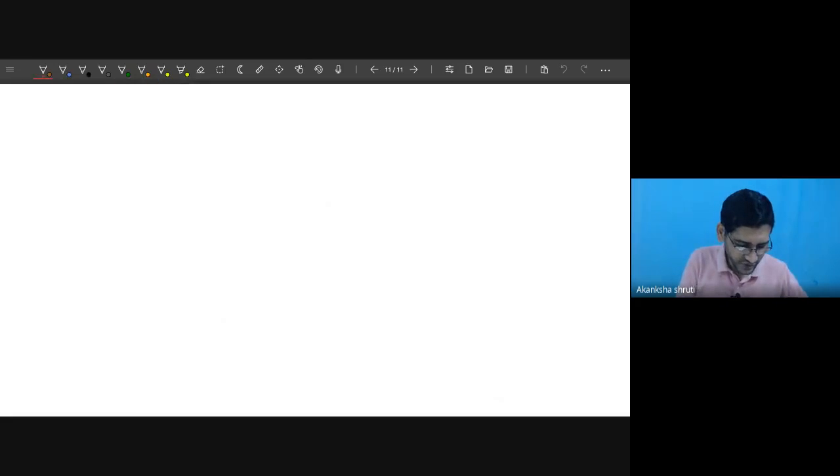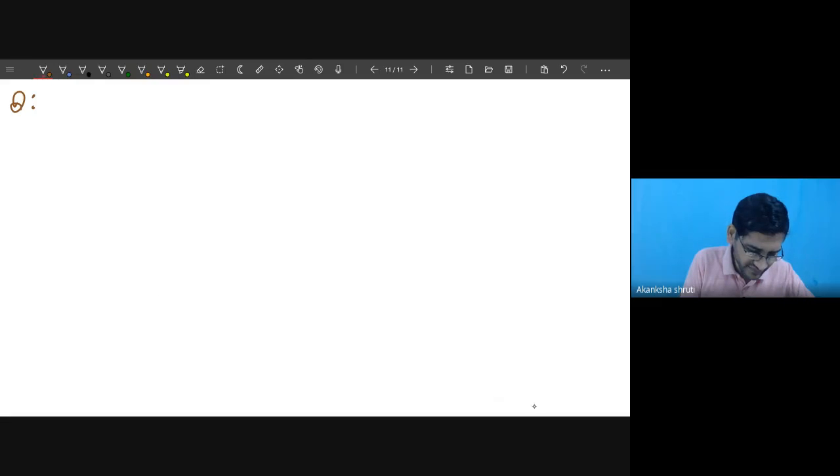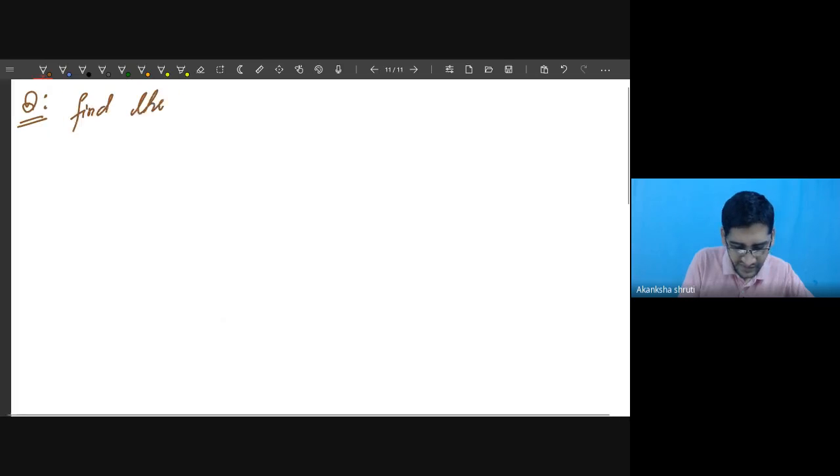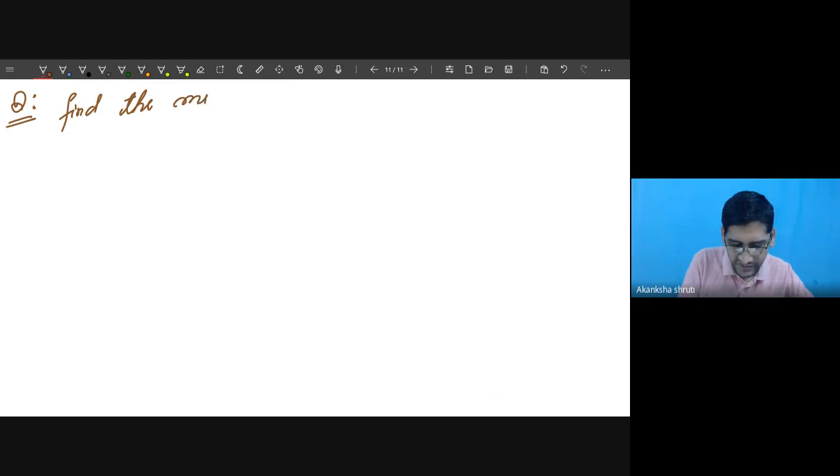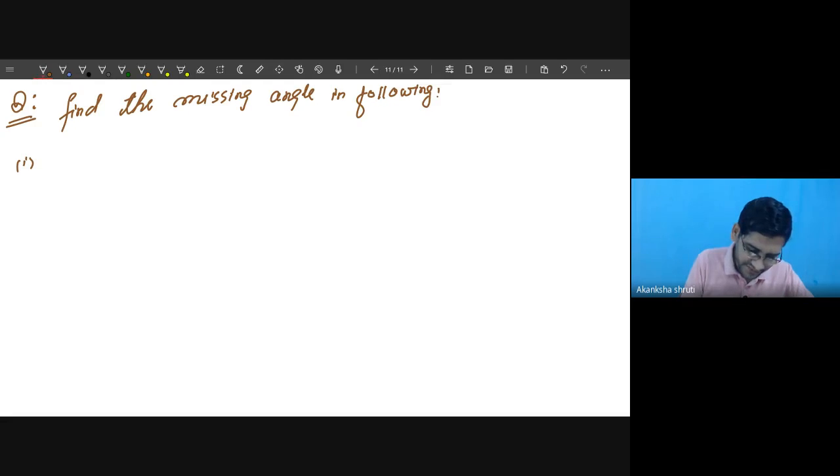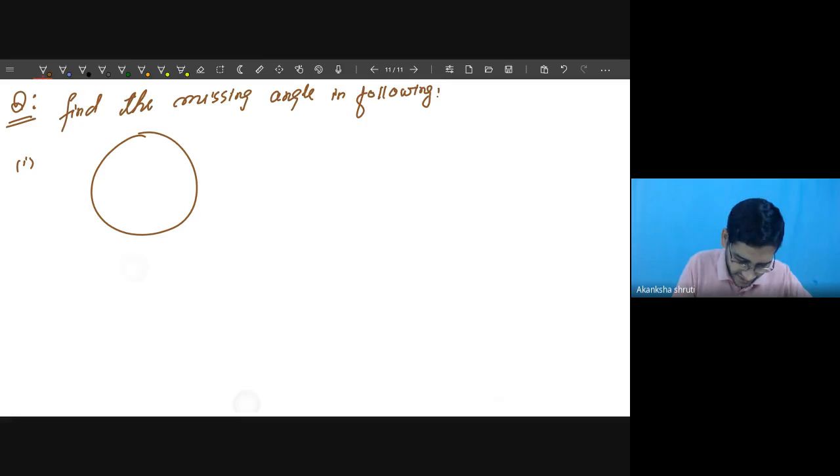The last question for today. Find the missing angle in the following. So first one, consider a circle with AB as their chord, O as their center.